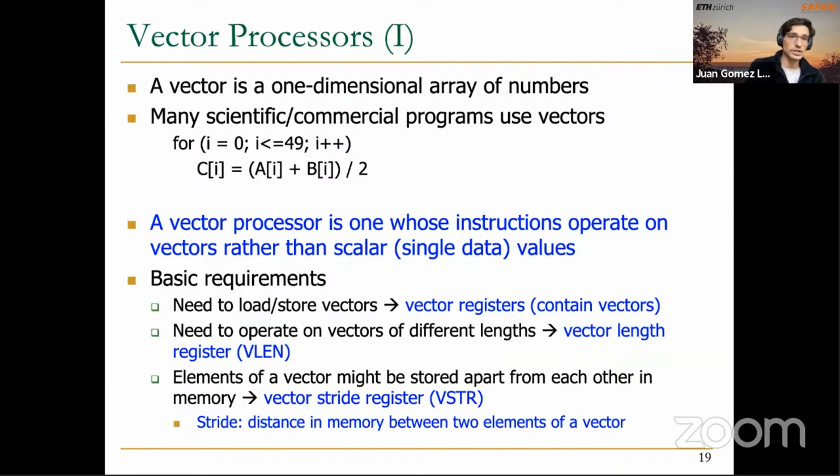Maybe we will first access element 0, then we will access element 9, then later element 18, and so on. So we may have strided access patterns where the distance between 2 elements accessed back to back, one after the other, is more than 1.